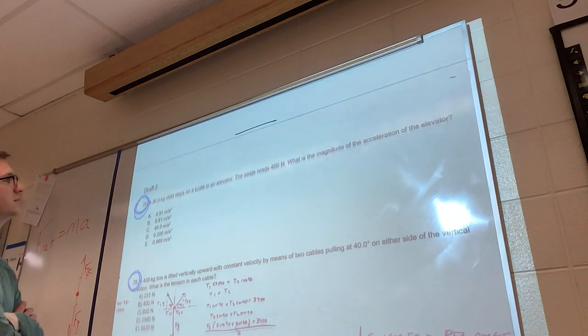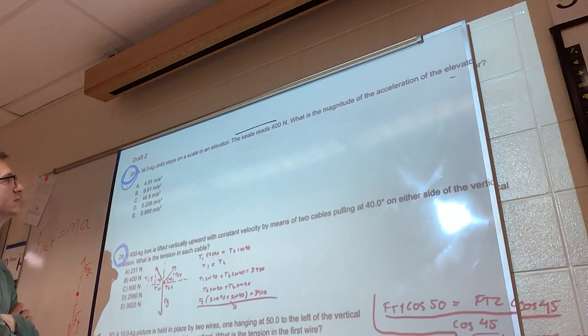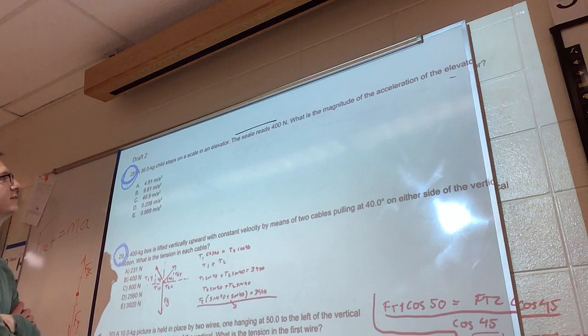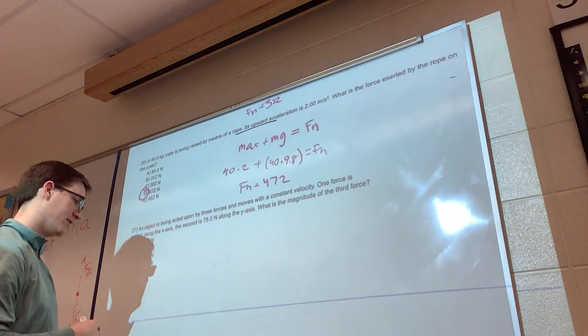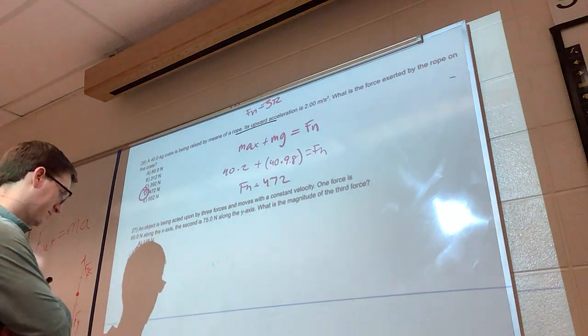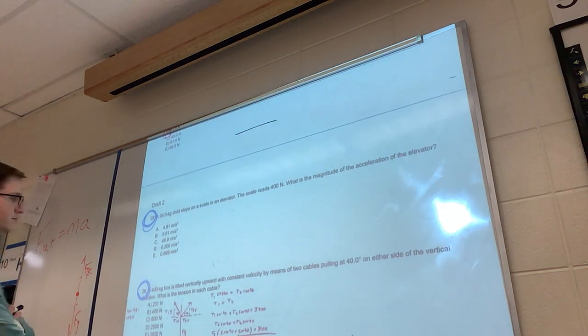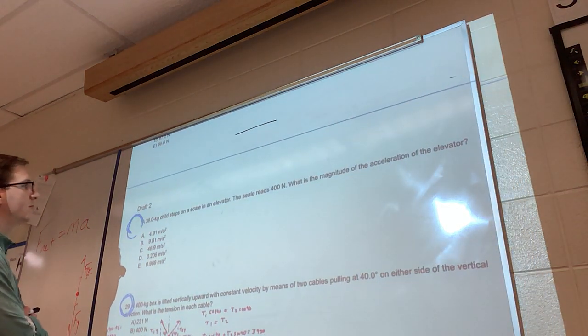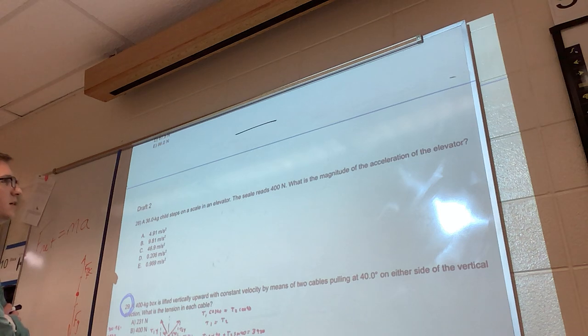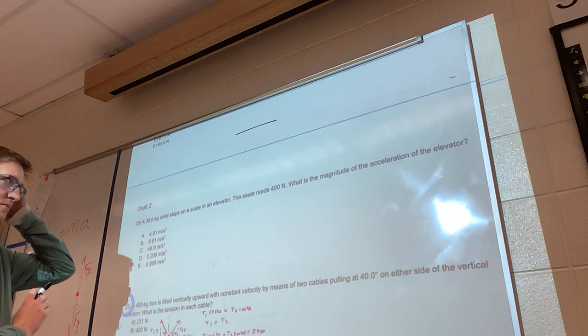Yeah, I'm pretty sure that's when I looked at the answer key and tried solving backwards. It's supposed to read scale. So I think I didn't know what I was supposed to use. Okay. Equation. Draw a free body diagram.